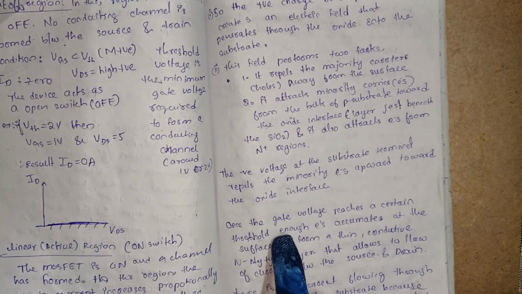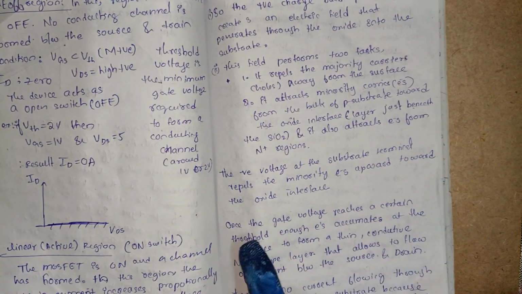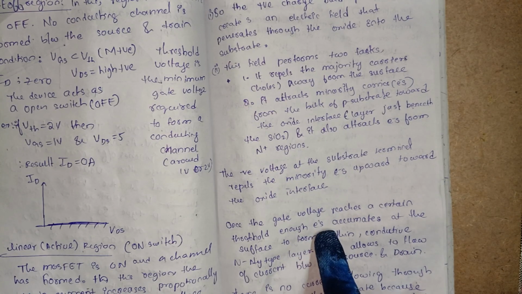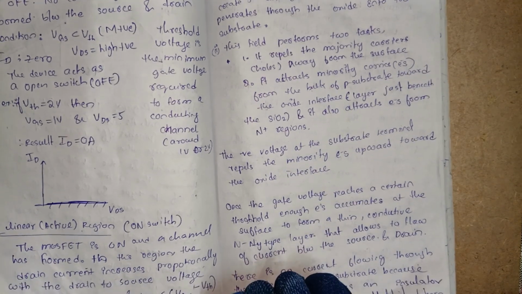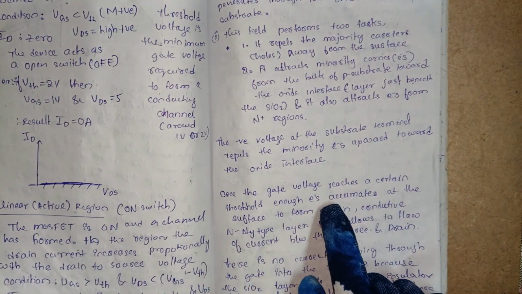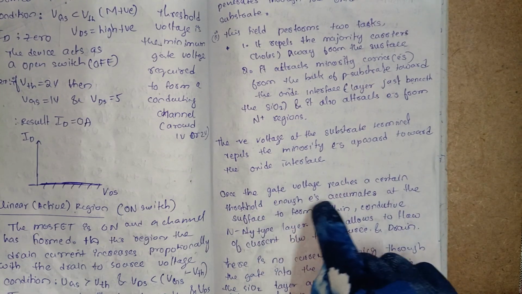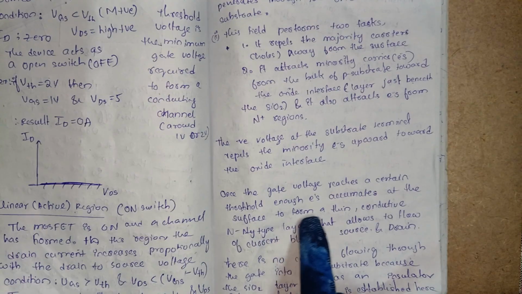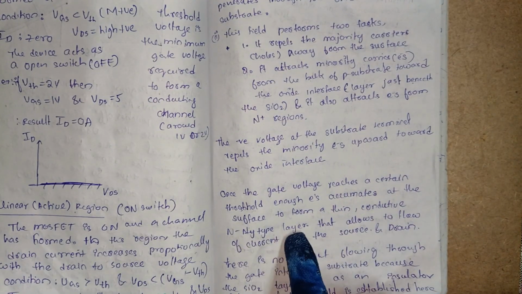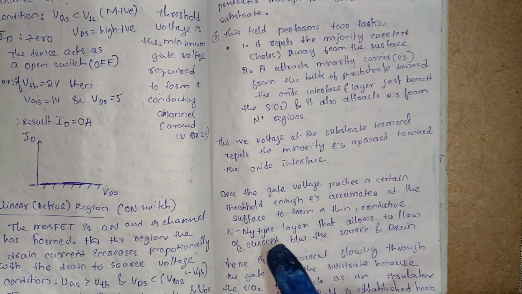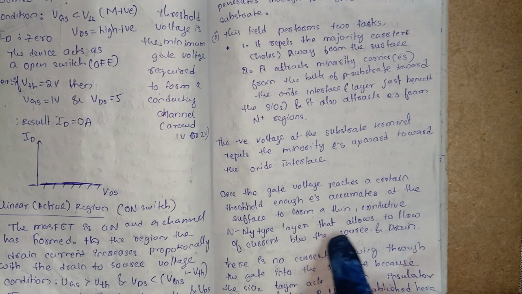Once the gate voltage reaches a certain threshold, enough electrons accumulate at the surface to form a thin conductive n-type layer that allows current to flow between the source and drain.